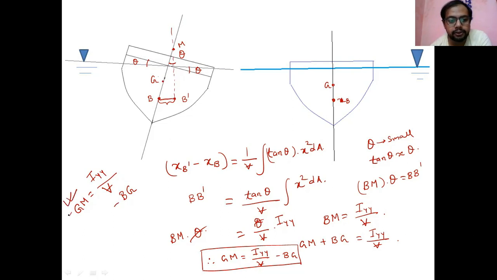The most important equation we are getting in this way.